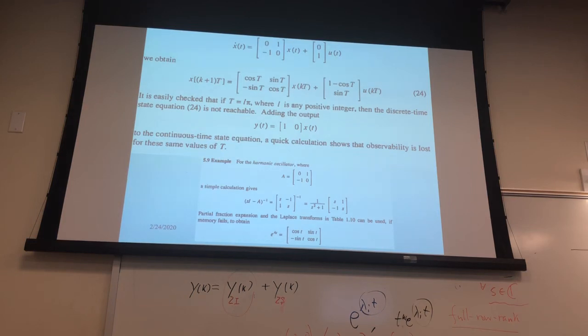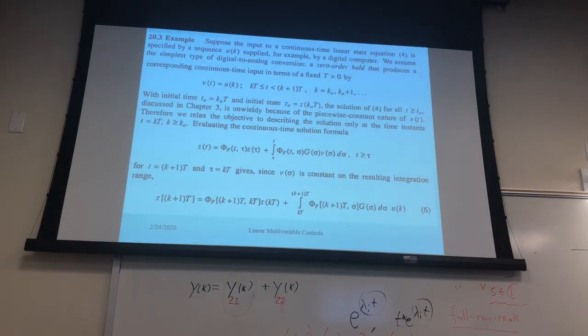And the same idea, observability could be lost for the same value of T. So for the same value of T, this is also not observable. So I hope this one can give you an alert. It's not guaranteed. No guarantee.